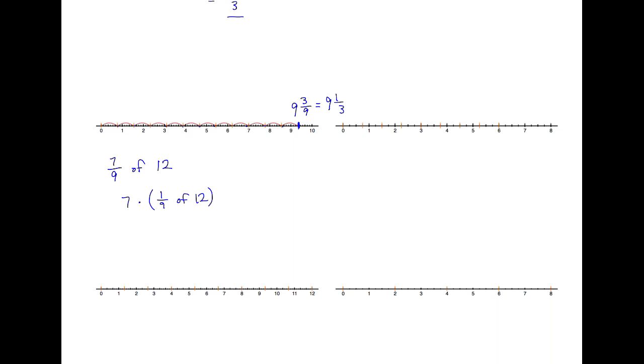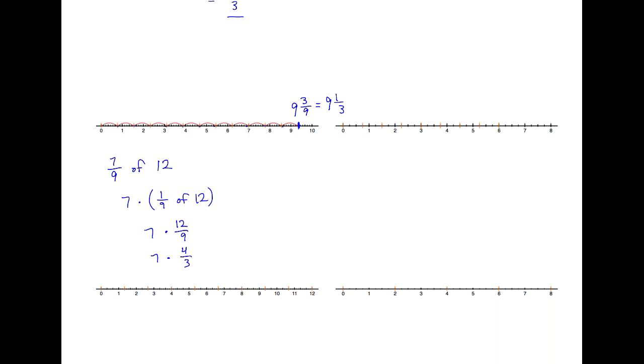And if I want to know what 1/9 of 12 is, well, that is 12 divided by 9, or 12 ninths. But we also know that this reduces. This is the same as 4 thirds. So this is 7 copies of 12 ninths or 7 copies of 4 thirds.